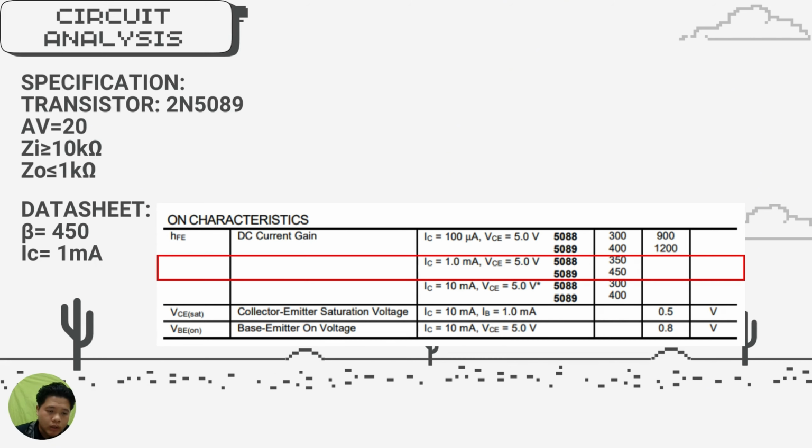Okay, we use the datasheet. We use IC is 1 milliampere, and for the 5089 we use beta, or HFE, of 450.